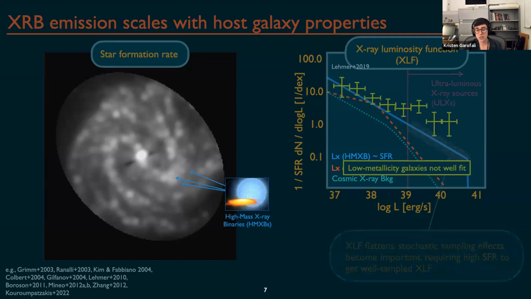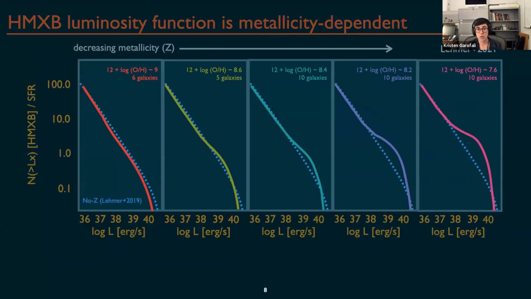If we begin to look at galaxy subsamples, for example, just focusing here on low metallicity galaxies as probed by their gas phase metallicities, they're actually not well fit by these relations that I've shown, where we only take into account star formation rate and stellar mass. This is most evident if you move into the ultraluminous X-ray source regime.